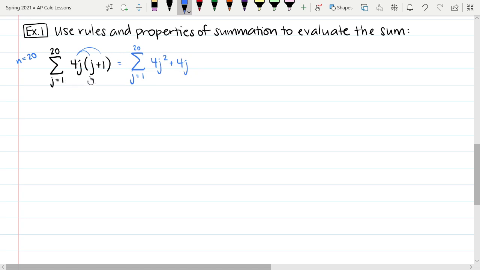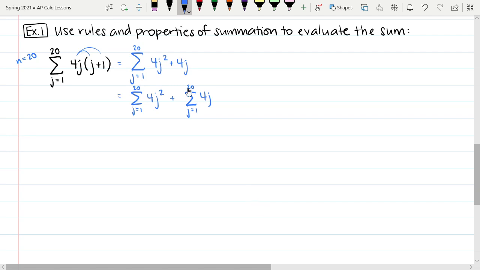So now we're getting somewhere. Now I don't have a product of two different expressions anymore. I just have the sum of two different terms. And that means I can use the second rule now to break this up into the sum from j equals 1 up to 20 of 4j squared plus the sum from j equals 1 up to 20 of 4j.